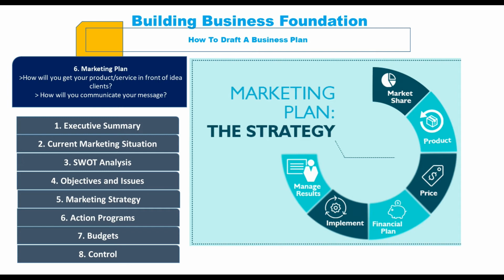If you understand how big your market is, then you will be able to start very small. Without understanding how big your market is, you will be wasting a lot of time.